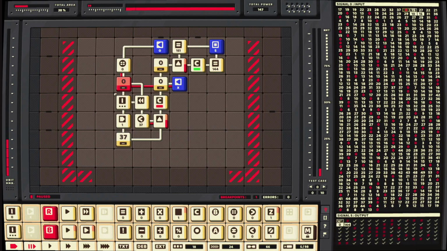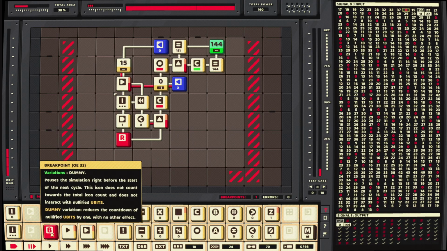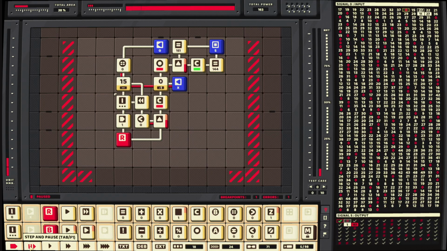We're supposed to output a green 144. I made it green. I made it 144. And now I'm outputting it. What are you upset about? Huh?